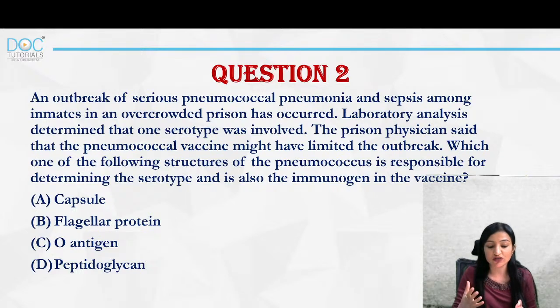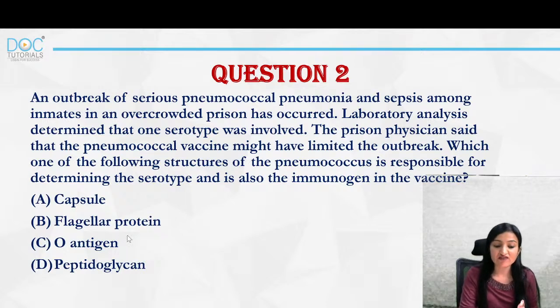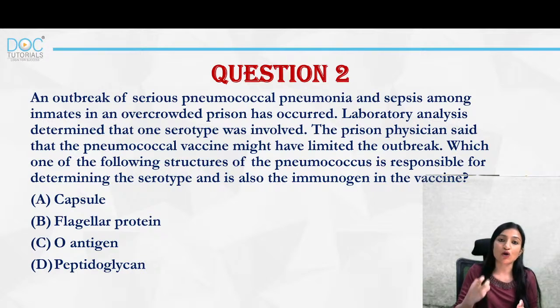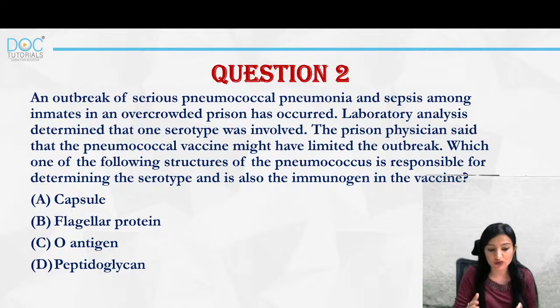It's a non-motile organism, so definitely flagellar protein is not the answer. Now as far as option C is concerned, guys, O antigen is part of lipopolysaccharide or endotoxin, which is an integral structural component of gram-negative organisms and not gram-positive organisms like pneumococcus. So straight away you can rule out B and C.